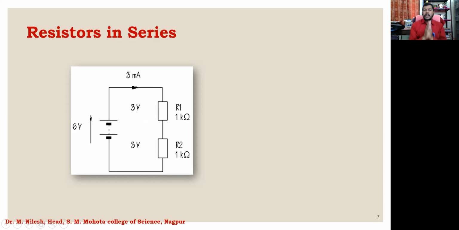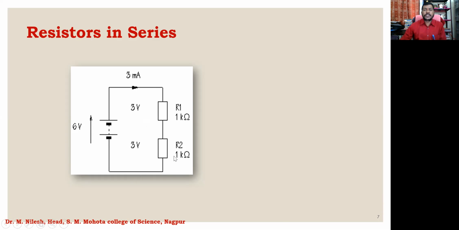Always remember, whenever the resistances are connected in series, the resistances are added, right? In this case, we have two resistances of 1 kilo ohm each.